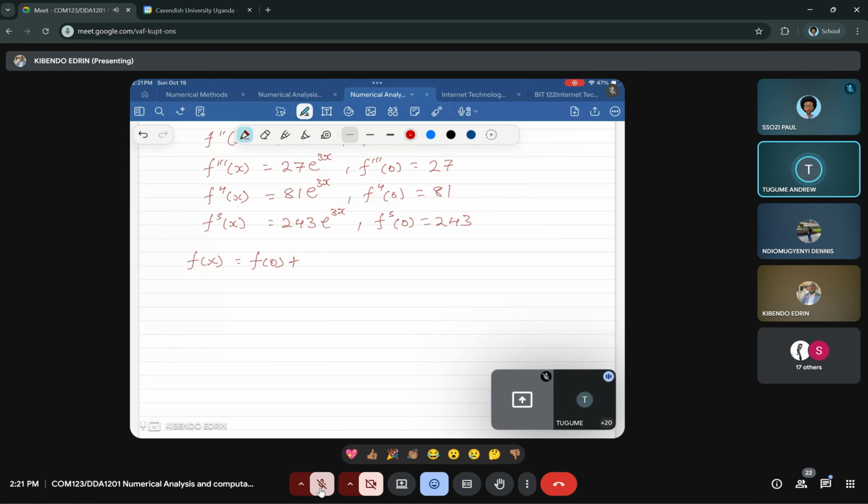Where are you getting x, Dennis? Bwana Edwin, write first derivative of f at 0, then include x, plus second derivative at 0, x squared over 2 factorial, like that.